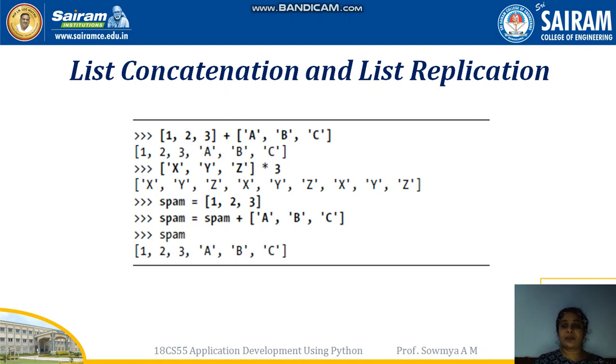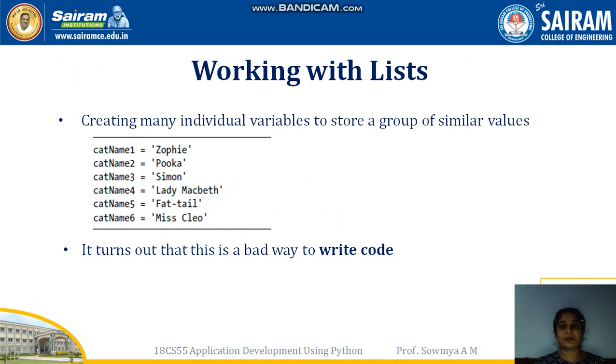And if you want to replicate, or repeat the values of the list many times, then we use star for replication. So star 3 means the values of the list xyz will be replicated 3 times. So this is about concatenation and replication.